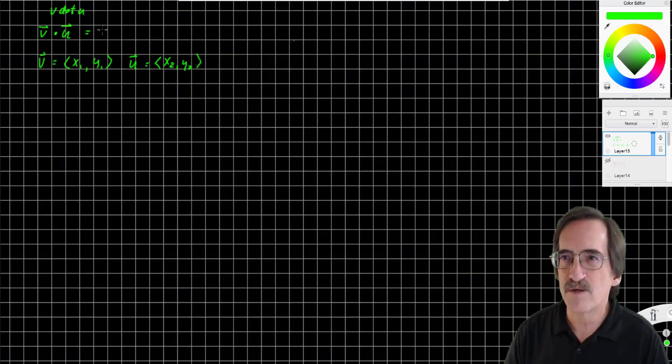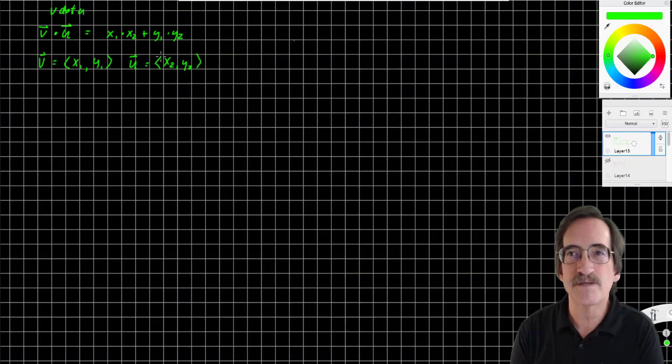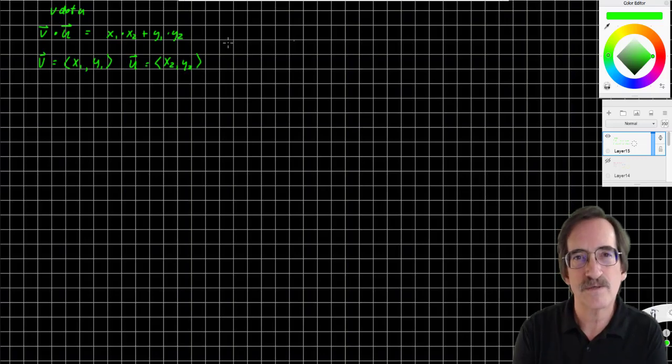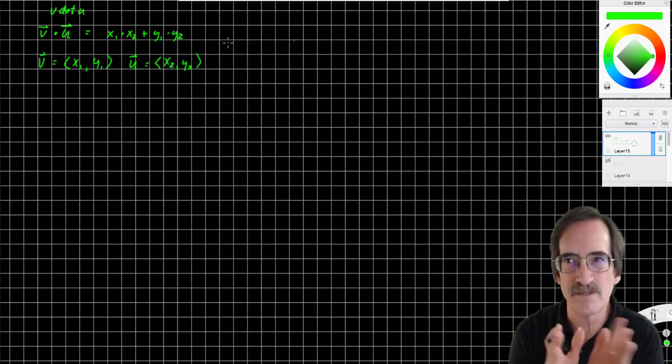Then V dot U or U dot V is really the same. But V dot U is x1 times x2 plus y1 times y2. And note that the result is a constant, right? It's a scalar, we call it, a number, not a vector. So the result of a dot product is a number.